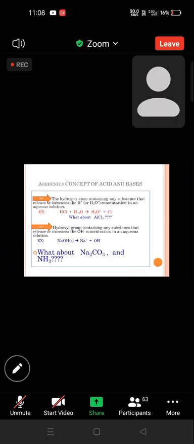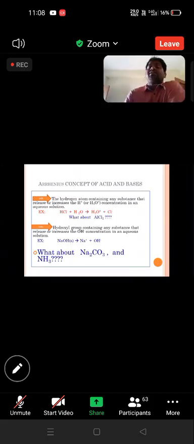Yes, sir. So why is Na2CO3 considered as a base? When Na2CO3 is dissolved in water, it dissociates into two different kinds of substance. One is the strong base NaOH and the other is the weak acid H2CO3. As it produces the strong base, the solution contains OH minus ion, that's why it is considered as a base.